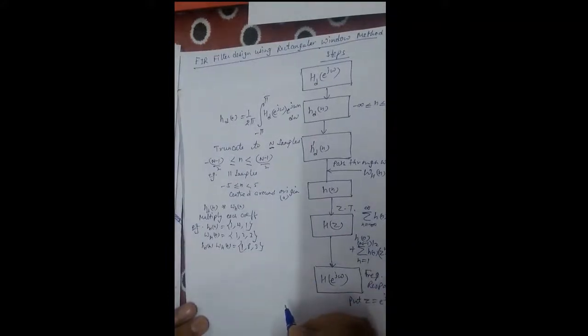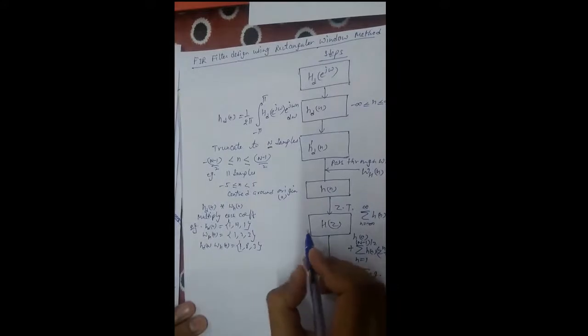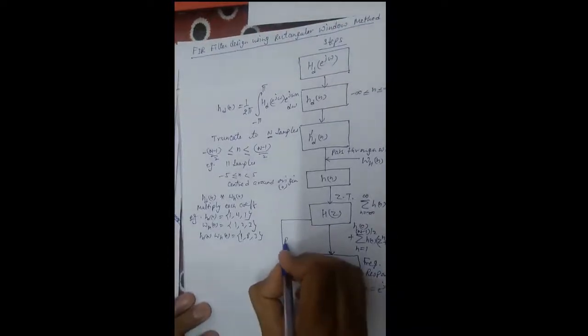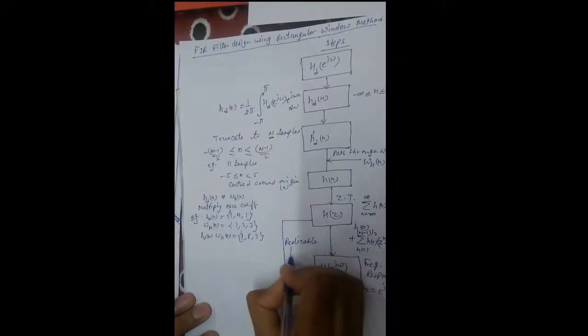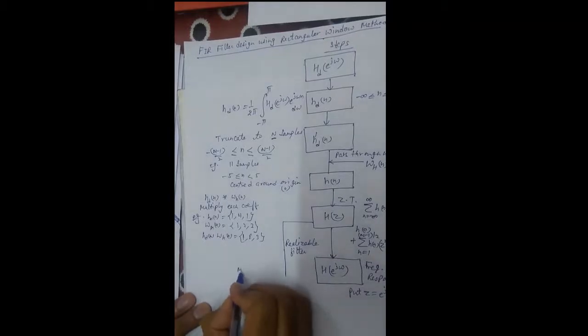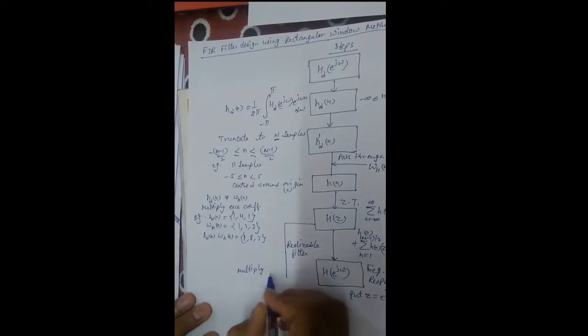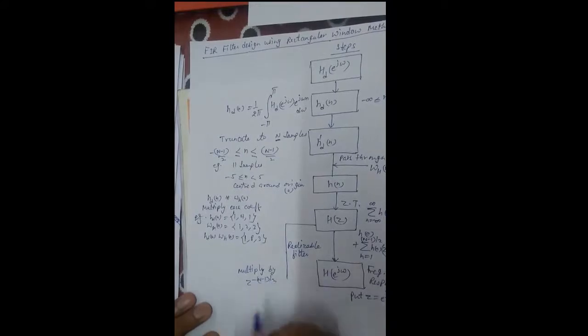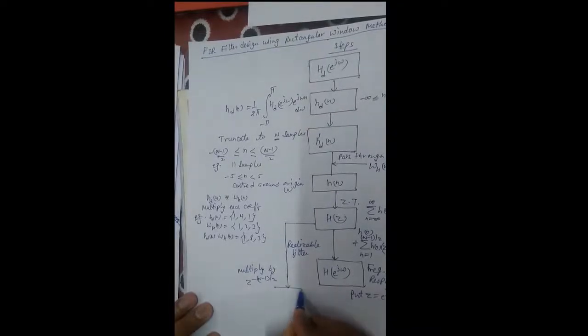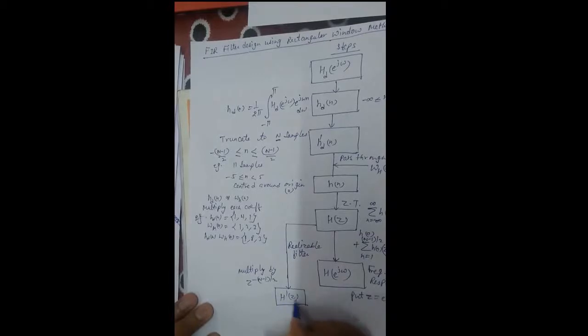Then we have to find a realizable filter. For that, we will multiply H(z) by z raised to power minus (N minus 1) by 2.